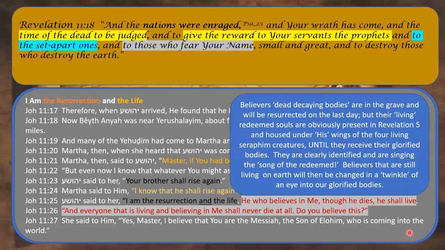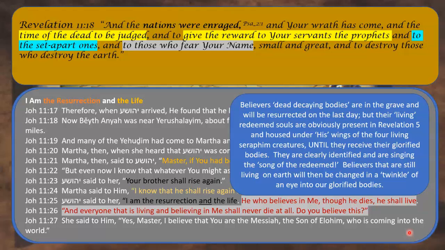Yahusha is the door. He led captivity captive into his possession. And they could enter then through the door because he had already made full atonement.